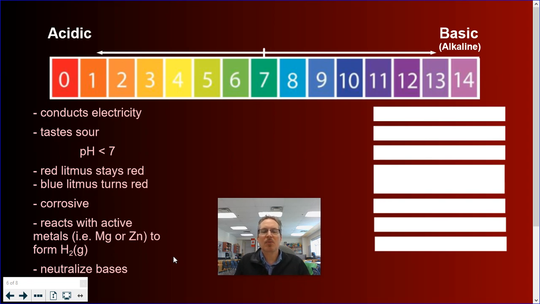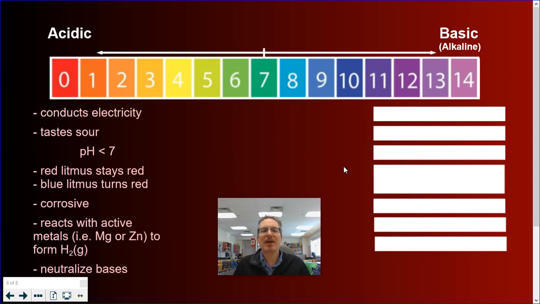If the litmus paper shows that it's a base, meaning our red litmus paper turns blue, or our pH is greater than 7, she will add a little bit of acid to it. She will add a little bit of vinegar because you can buy a big jug for much cheaper than you could buy, let's say, hydrochloric acid or sulfuric acid. So acids also neutralize bases.